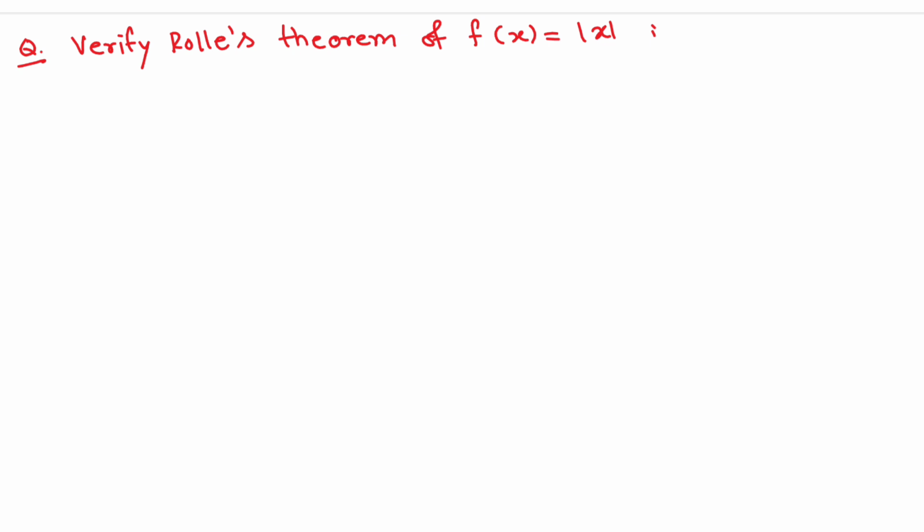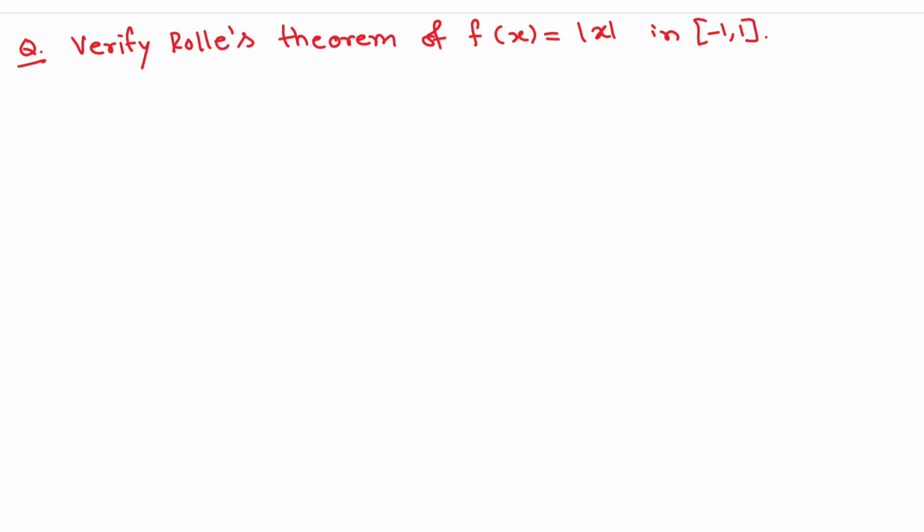Second question. Suppose the question is verify Rolle's theorem of f of x equals to mod x in minus 1 to 1.